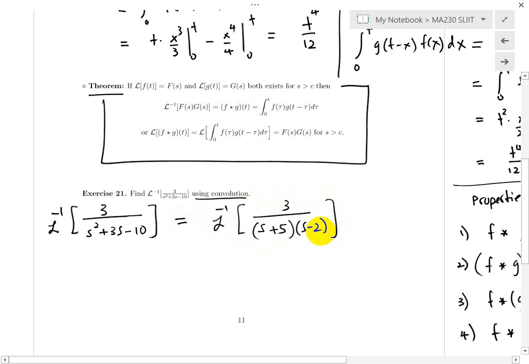Now we know from linearity we can take this 3 out, so the inverse transform now has 1 over (s plus 5)(s minus 2).